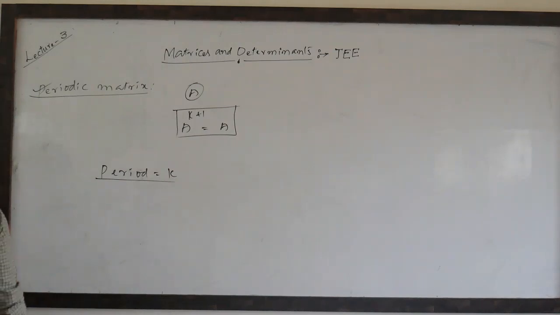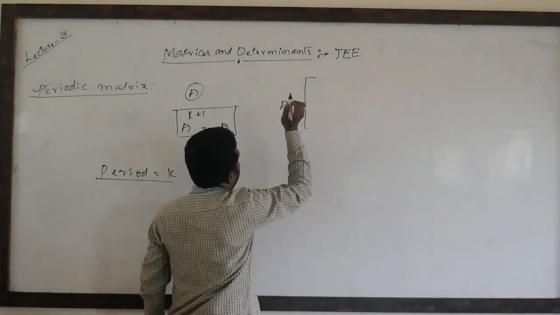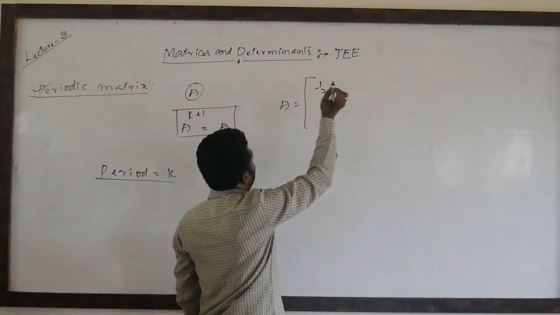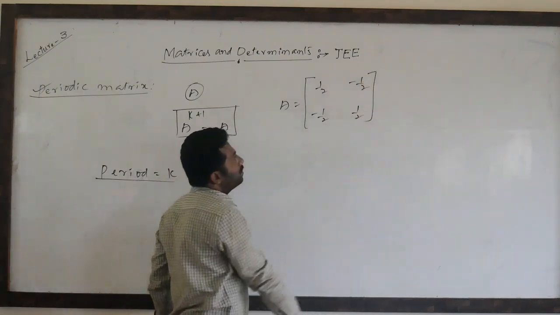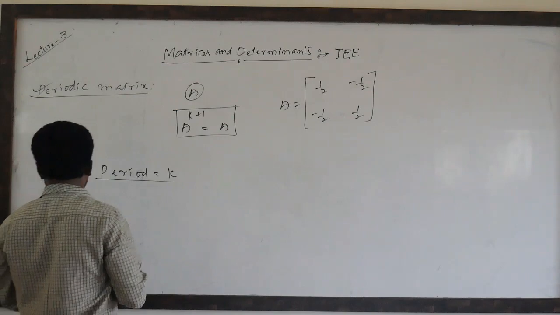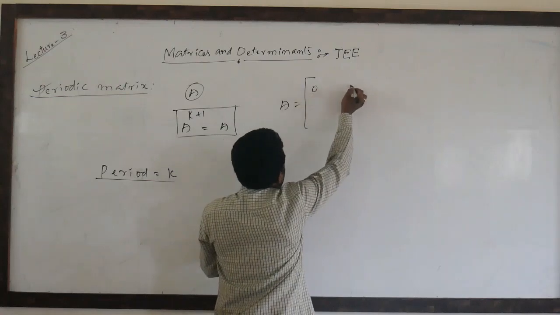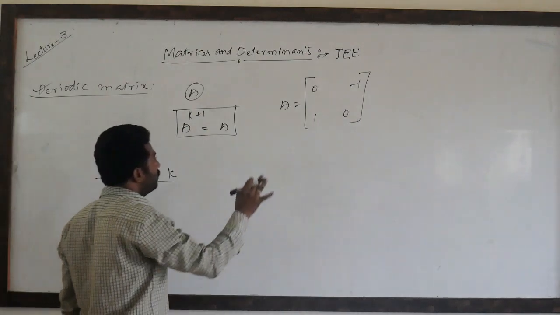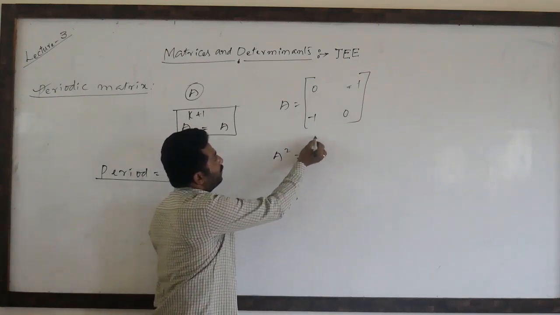Suppose A equals the matrix with rows 0, 1 and minus 1, 0. First I am taking A square.